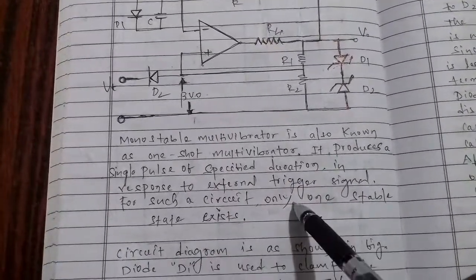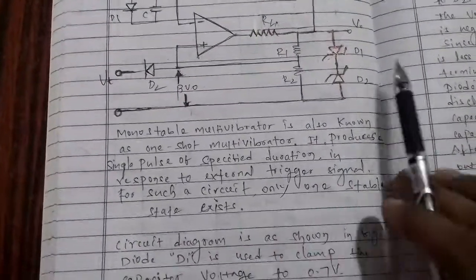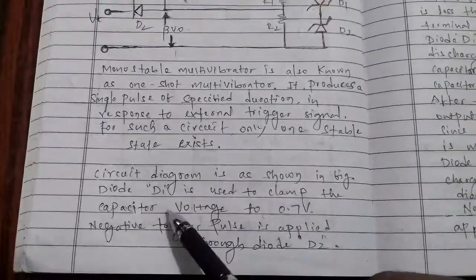For such a circuit, only one stable state exists. The circuit diagram is as shown in the figure.